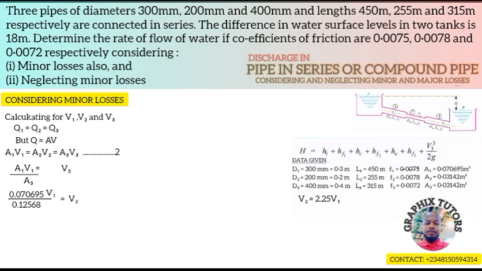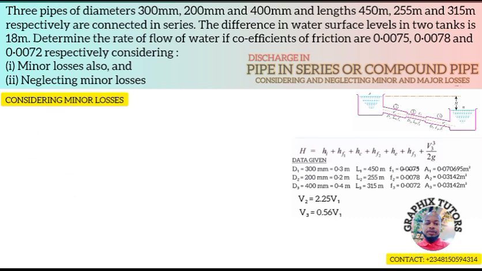If we divide 0.070695 times V1 by 0.12568, we're going to have 0.56 V1. So this is what we have, right?